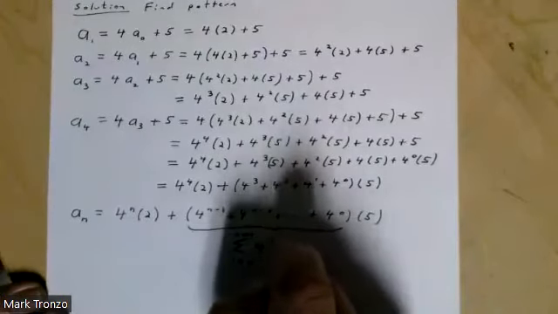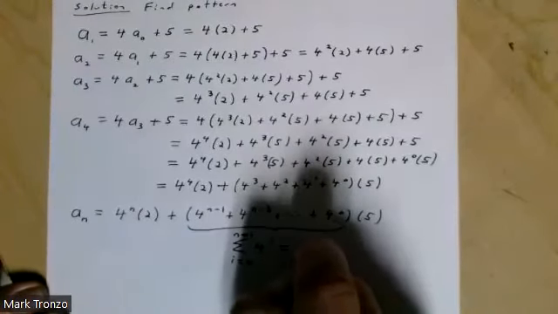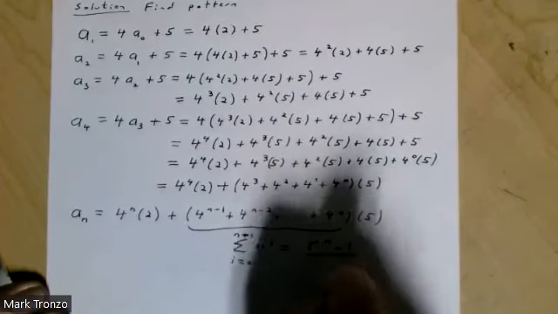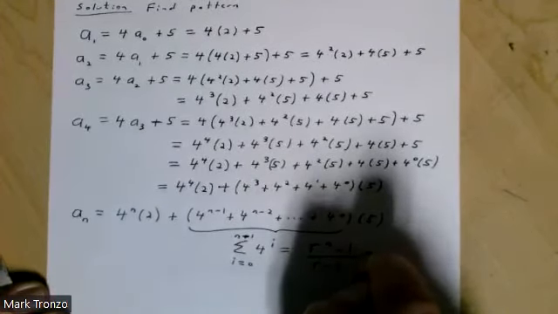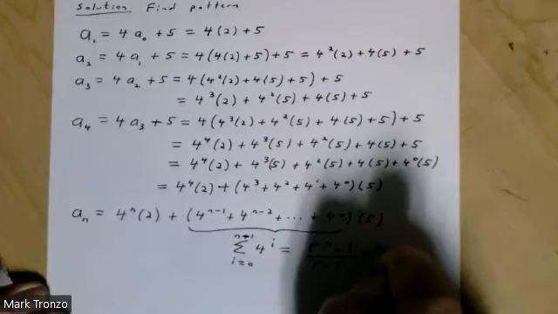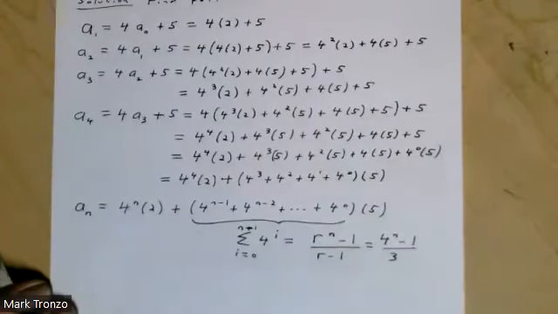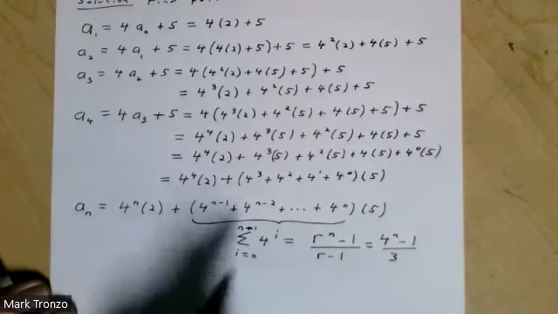So this is going to be equal to r to the n minus 1 over r minus 1, which in our case is going to be 4 to the n minus 1. And then 4 minus 1 here is going to be 3. And that's all times 5.